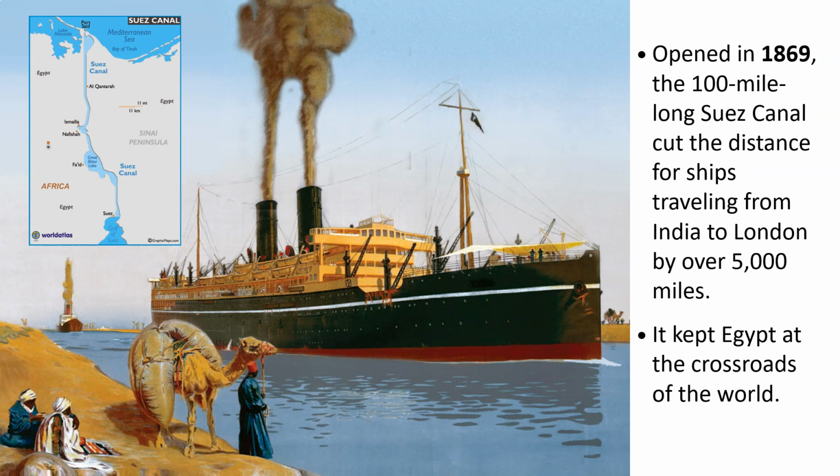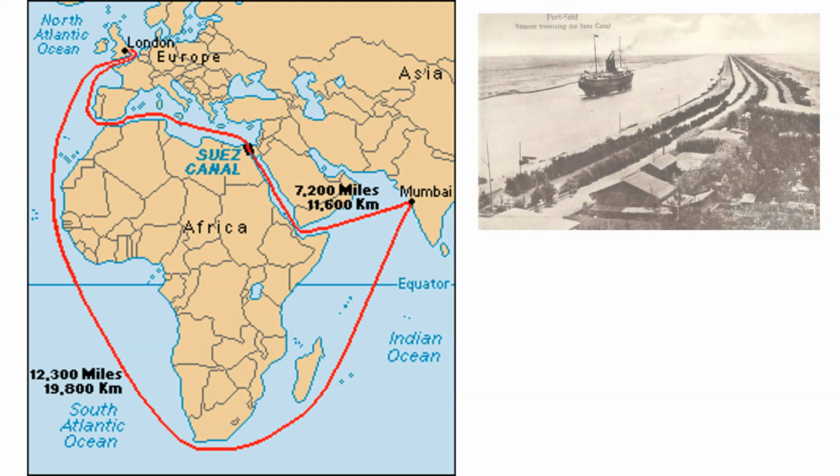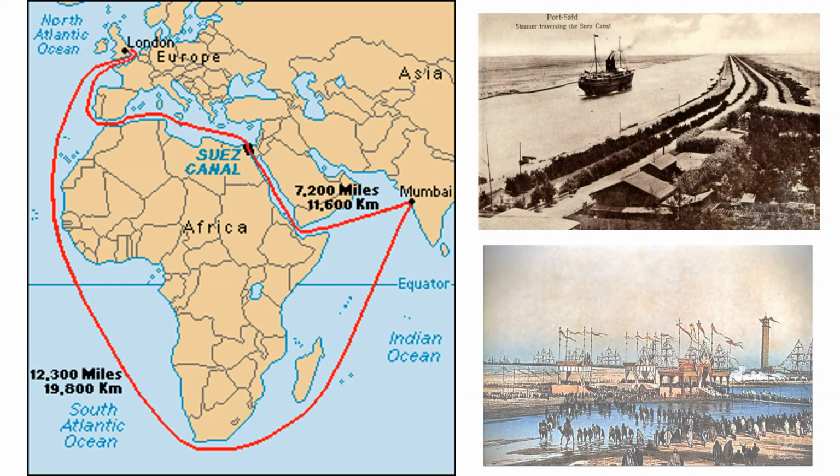And it keeps Egypt right at the center of commerce, at the crossroads of trade and global commerce. So here you can see the map, how significant that 5,000 miles is in terms of reducing transportation time and transportation costs. But it really was an engineering marvel, the Suez Canal.